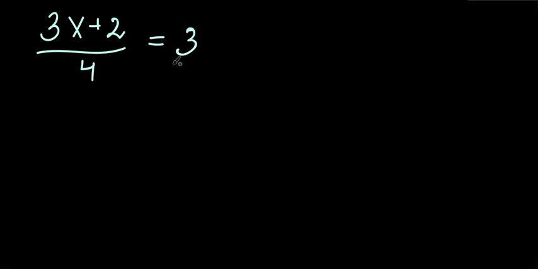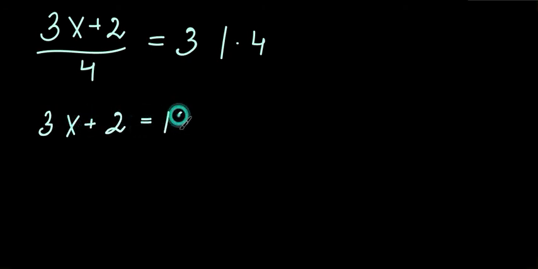So now if we have such an equation, it would be nice to multiply both sides by the number that is in the denominator. It will be easier to do other things later. Okay, so we multiply it by 4, and we get that it's 3x plus 2, and it's equal to 12.